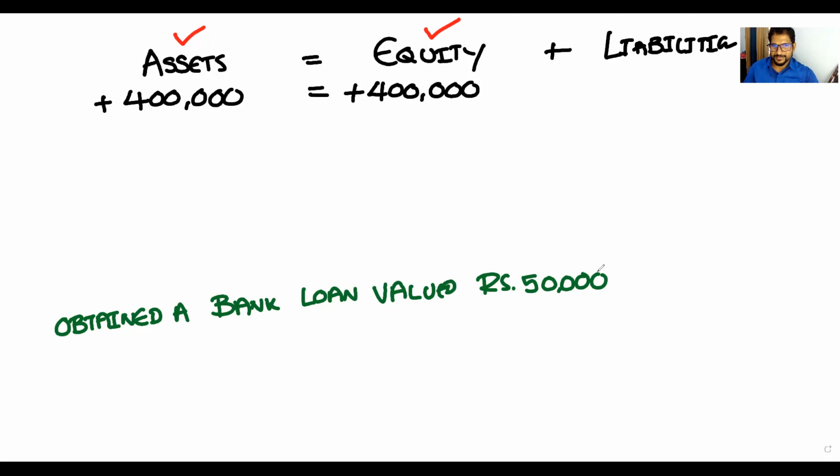Can we consider it as equity? When you obtain a bank loan, what do you receive? You receive cash. Cash is an asset. Therefore, once again, as a result of this transaction, assets increased by 50,000.